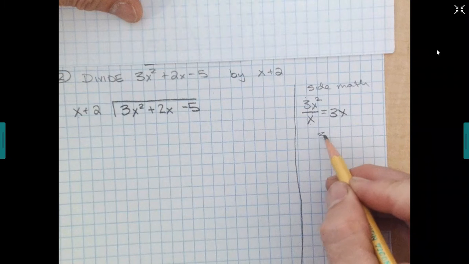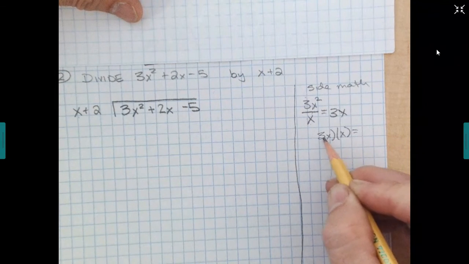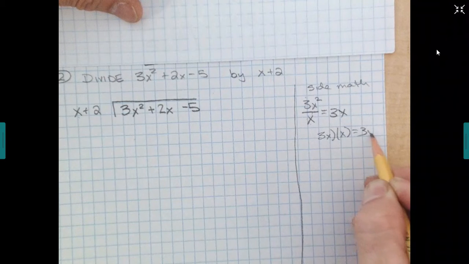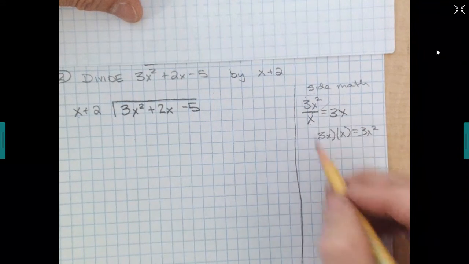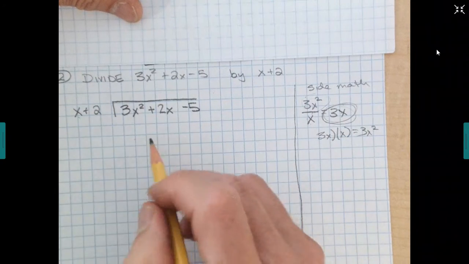And you could check it by saying 3x times x, I get 3x squared. Sure enough. But you don't have to check it. 3x is what I'm looking for.